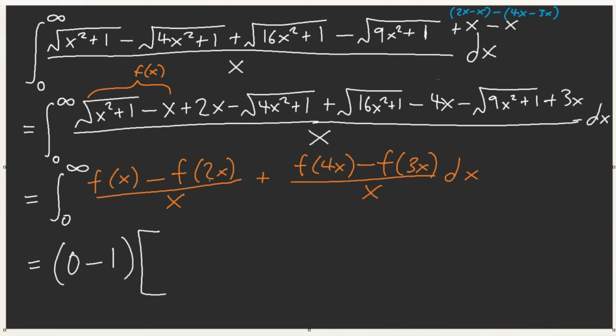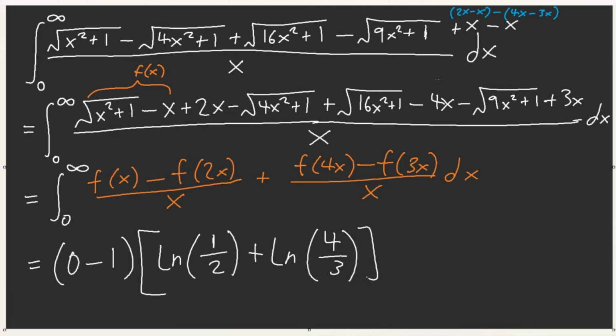So now here we have ln 1 over 2 plus the ln 4 over 3. This is going to give us 4 over 6, which is equal to 2/3. And so our answer is the ln 3/2.